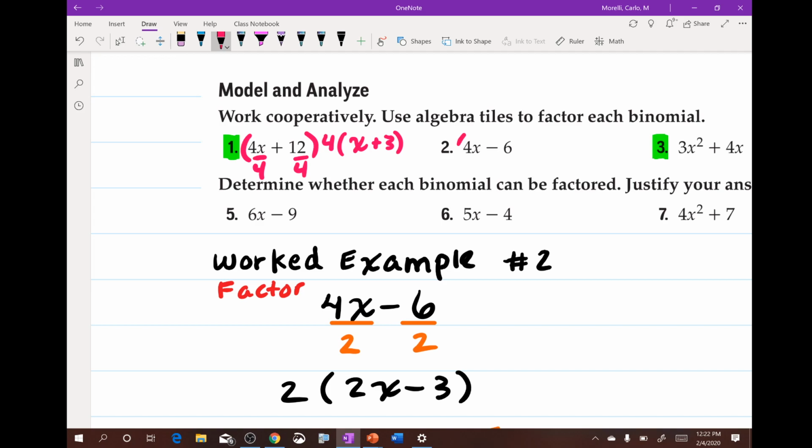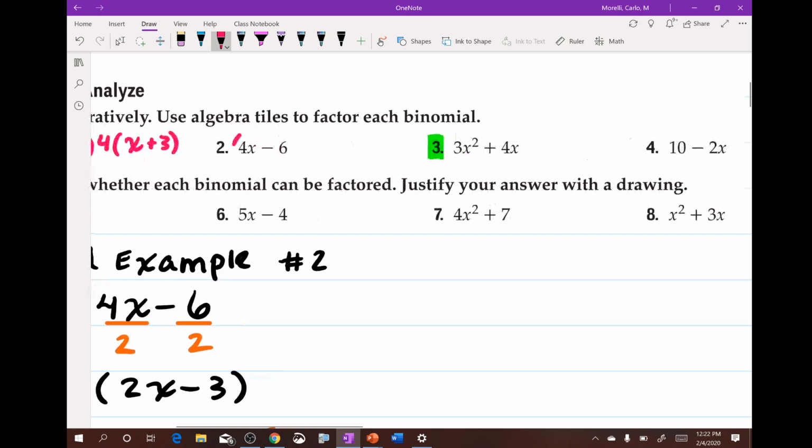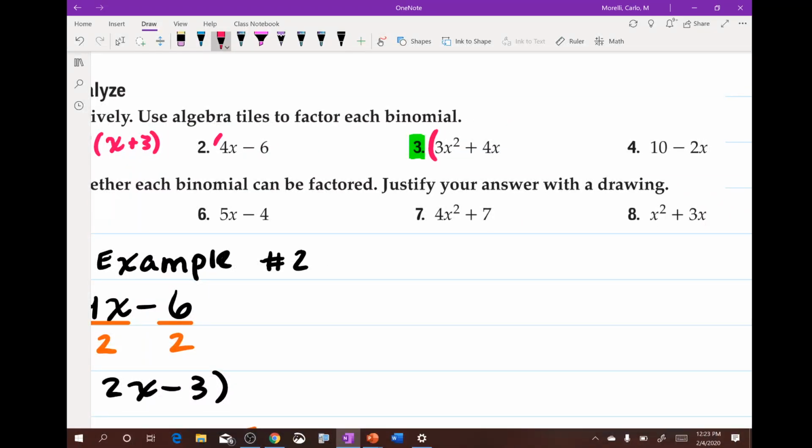Next up, what can I factor out of this? Yeah, an x. x, open parentheses, 3x plus 4. Don't overthink it.